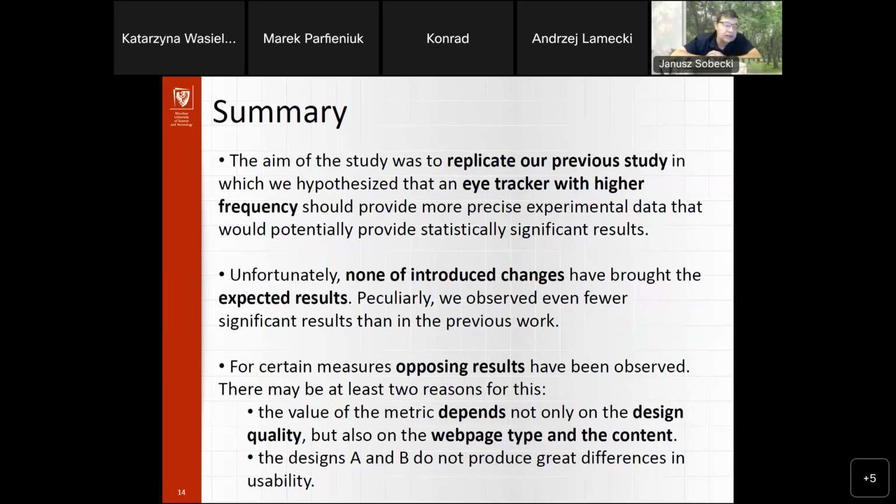So these were very international students coming from many different countries, and maybe these general ideas of how we should make our web pages, what is good and what is bad, are given for this international audience, international users. This experiment we made in Poland, and maybe in Poland it works a bit differently.